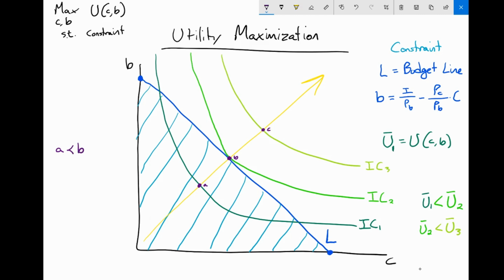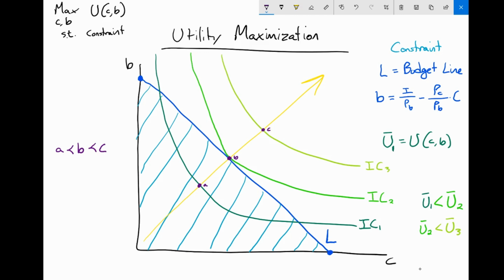We also know they would prefer bundle C over bundle B because C lies on a higher indifference curve. So they would prefer C. In fact, we could go on forever, drawing new indifference curves upwards away from the origin.